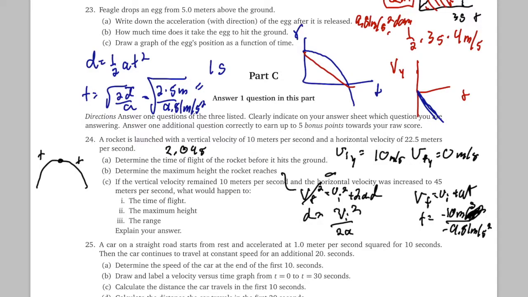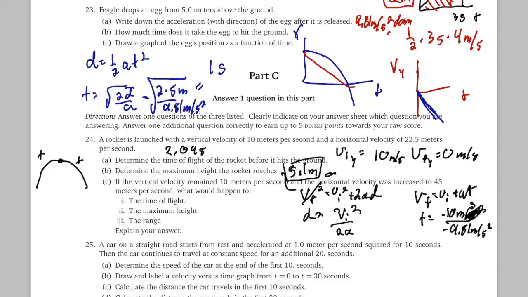So I do 100 divided by 19.62, and I get 5.1 meters.